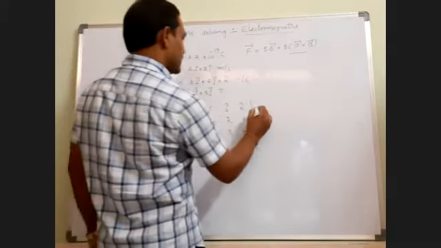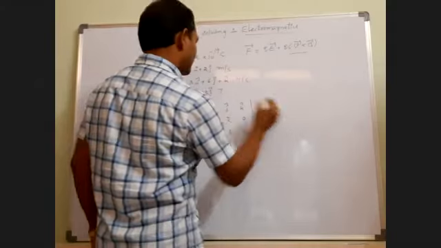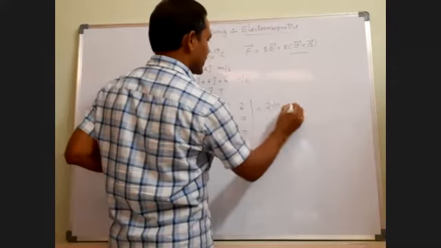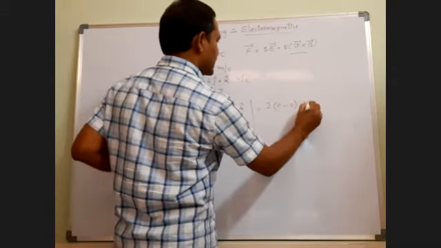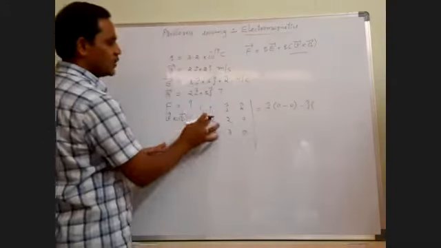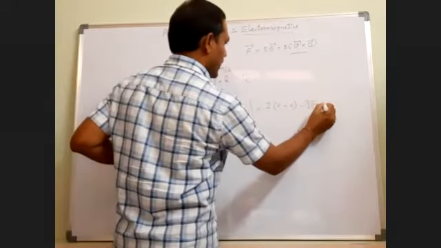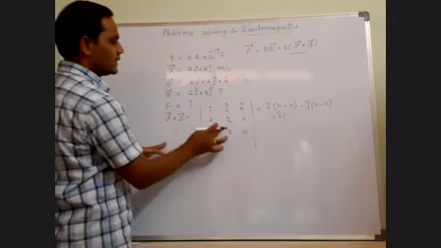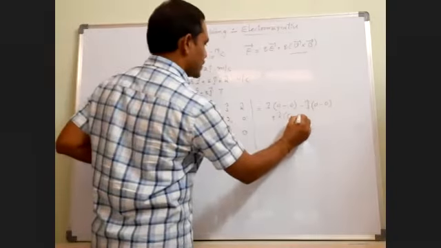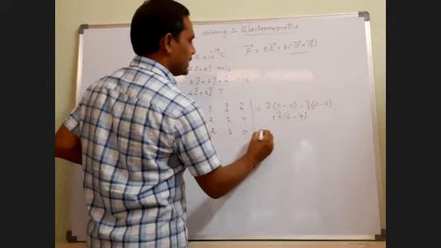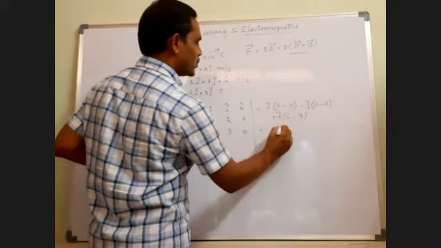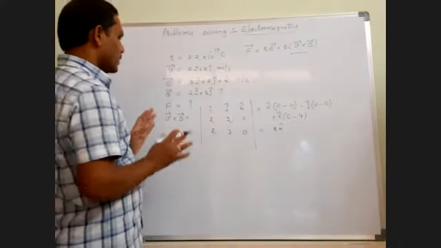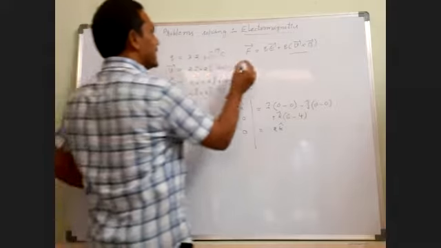So this equals I cap into (2 into 0 minus 3 into 0), minus J cap into (2 into 0 minus 0), plus K cap into (2 into 3, which is 6, minus 2 into 2, which is 4). So that gives 6 minus 4, which is 2K cap. Clear?